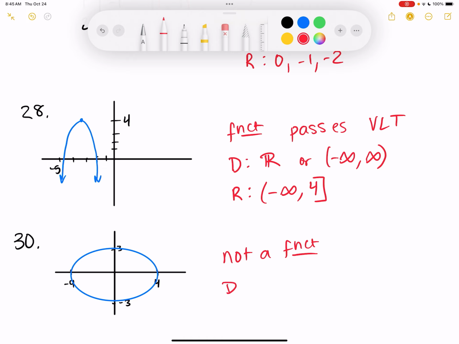The domain would be from negative 4 to 4, including both. And then the range would be from negative 3 to 3. On one like that.